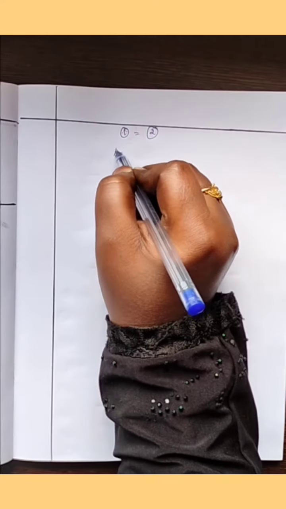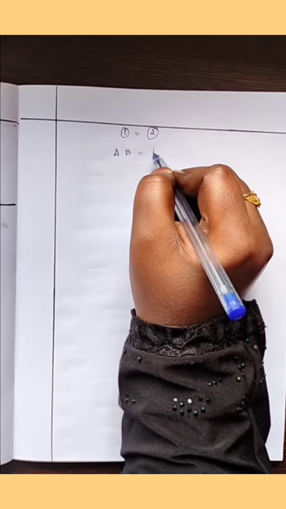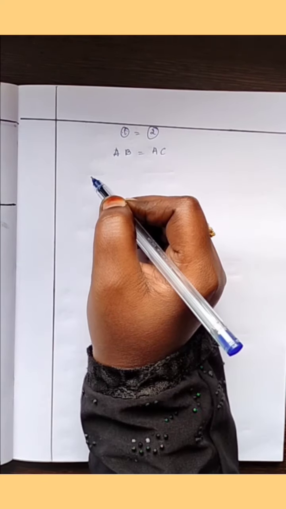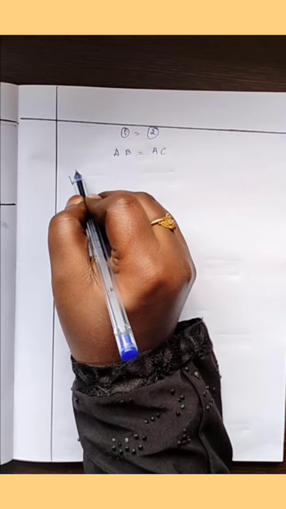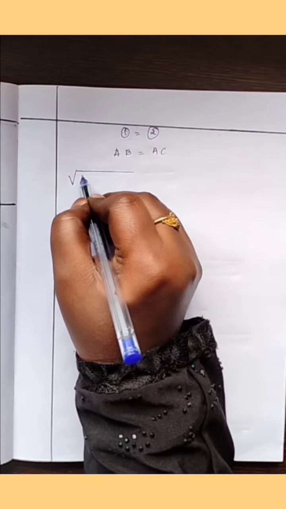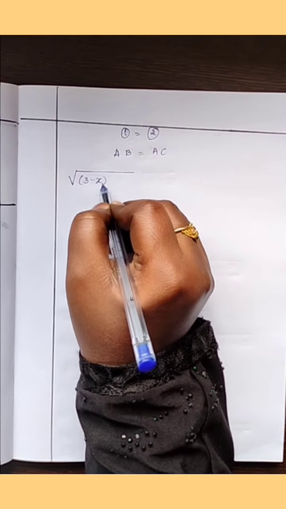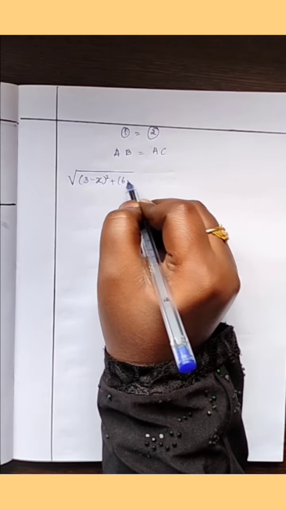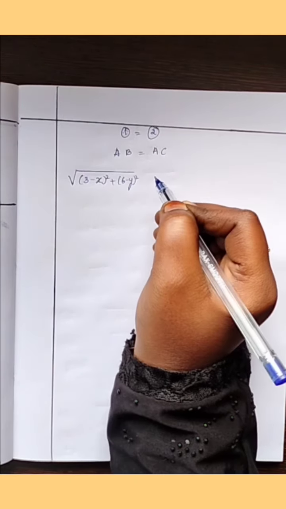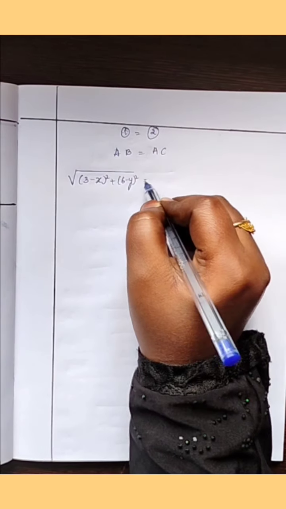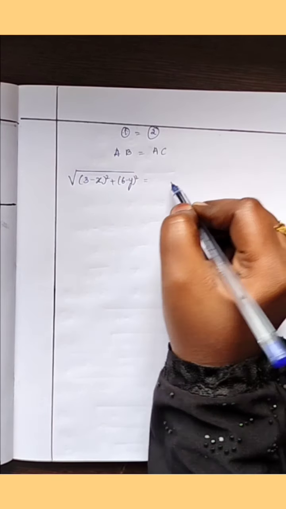Now we write equation 1 equal to equation 2, where AB is equal to AC. What is equation number 1? Equation number 1 is root of (3 minus x) whole square plus (6 minus y) whole square. Now equation number 2, AC value substitute.